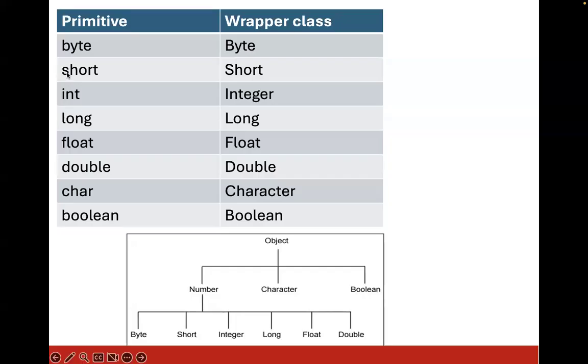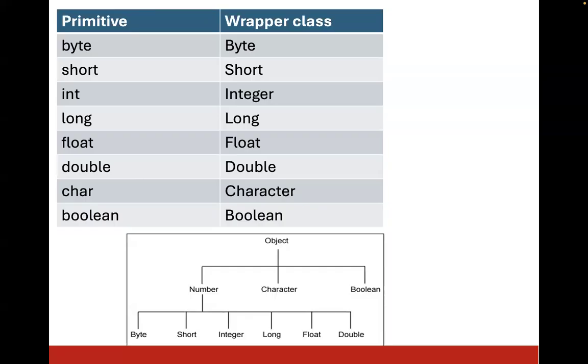So when you type byte, it is the wrapper class of that is the same name, but you write it with the first letter capital. And then we have short. For short, the wrapper class is the same word, but you have to write the first letter as capital. And then int.